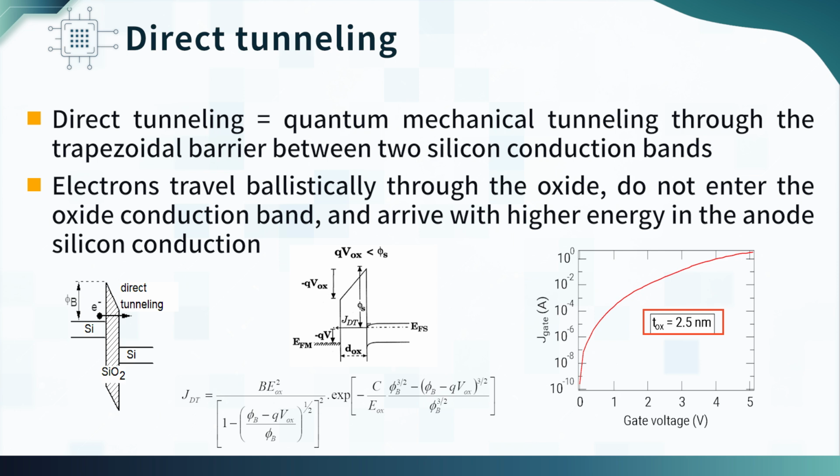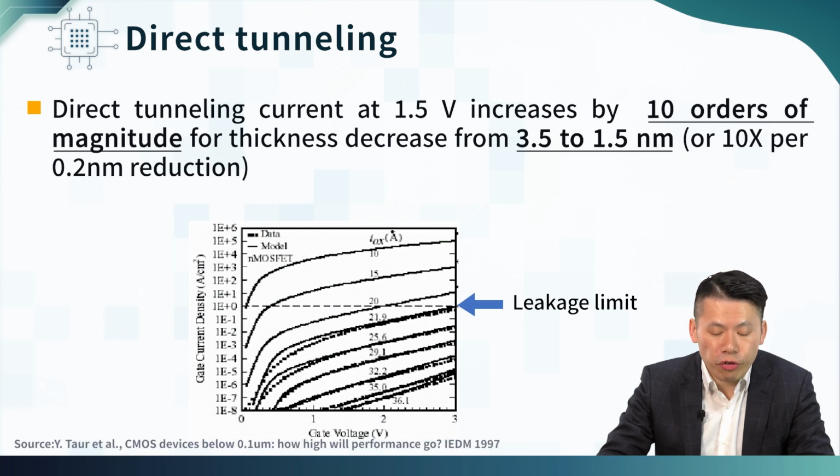In the very thin dielectric of 2.5 nanometers, you can see the leakage current can reach very high. And if we compare different oxide thicknesses from 36 angstrom to 10 angstrom, we can find that the gate leakage current increases very fast here. So direct tunneling current at 1.5 volts increased by 10 orders of magnitude as thickness decreased from 3.5 to 1.5 nanometers.